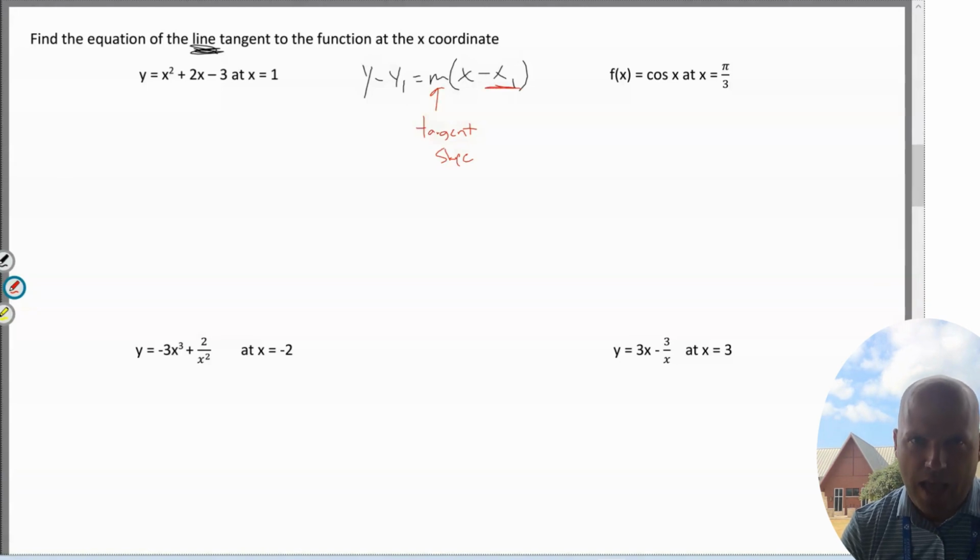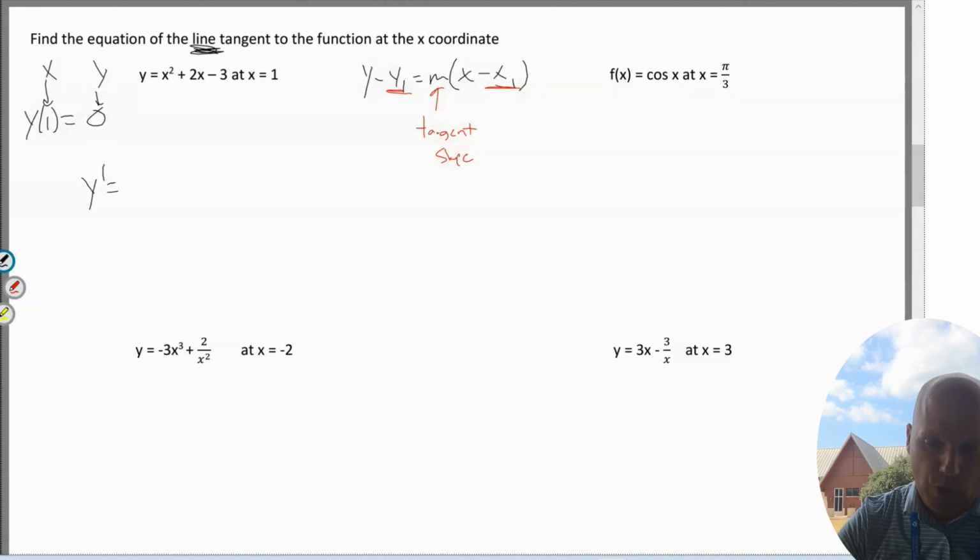This is the point on which we have the tangent slope. So don't forget, plug in x's into f's, get y's. This is 0. There's my x, there's my y. Plug in x's into slope equations, get m's.